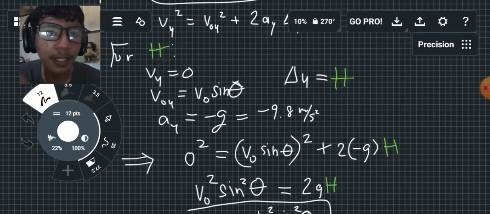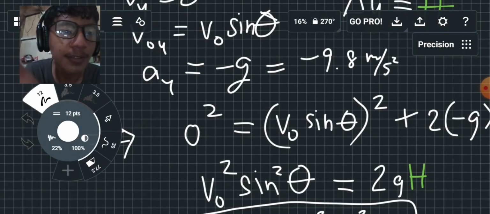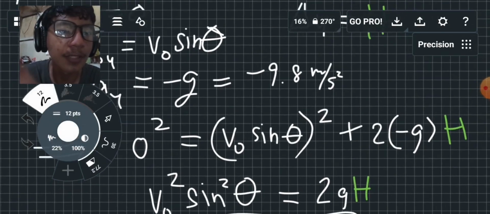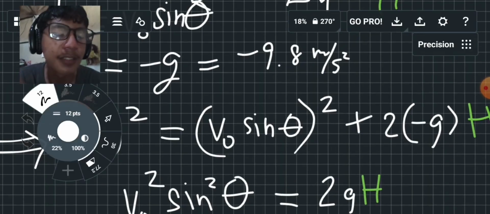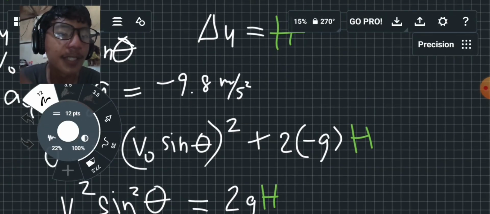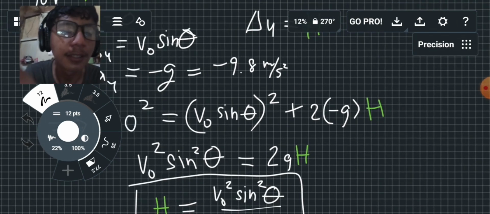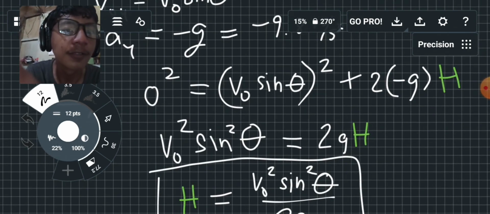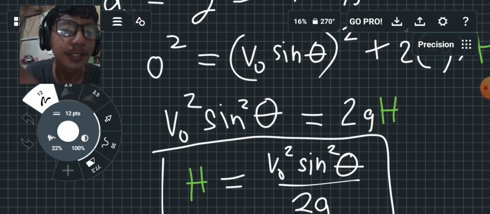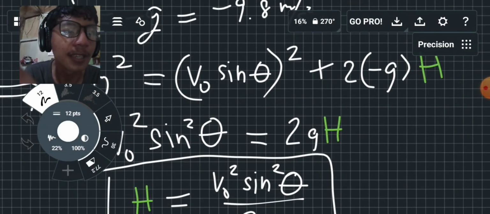So plugging those into our formula, we get 0 square is equal to v naught sine theta square plus 2 times negative g h, and rearranging, we get v naught square sine square theta equals 2gh.